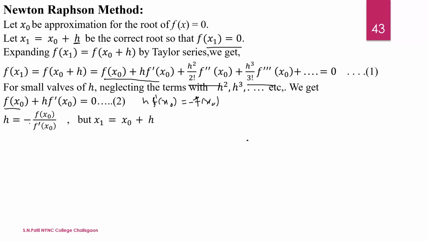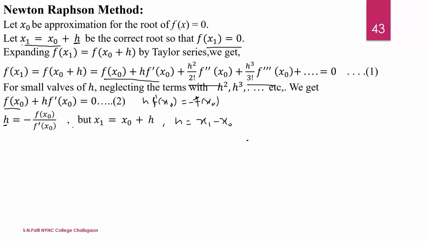So h is equal to minus f upon f'. f' is the derivative. But the value of h, see, here we consider x1 equal to x0 + h. Then the value of h we can substitute: h is equal to x1 minus x0.